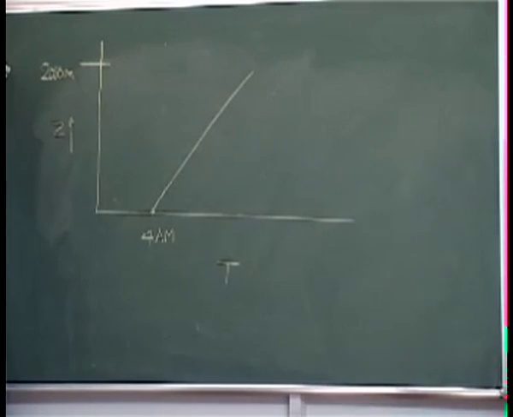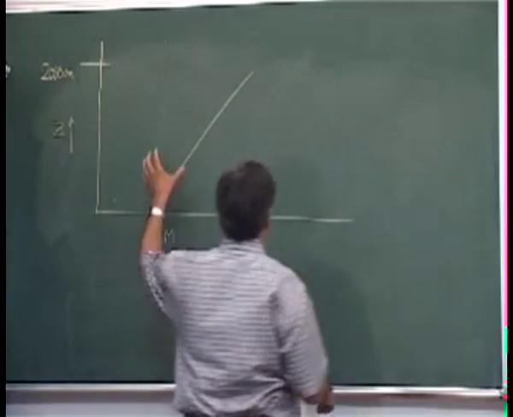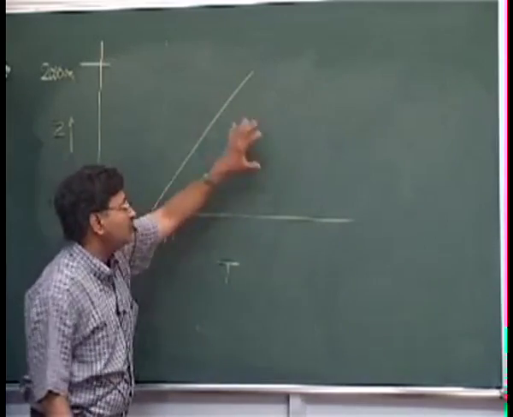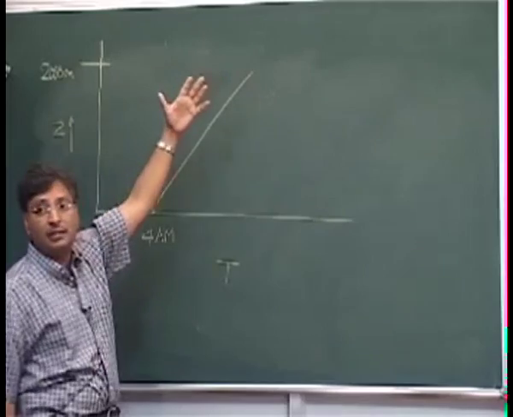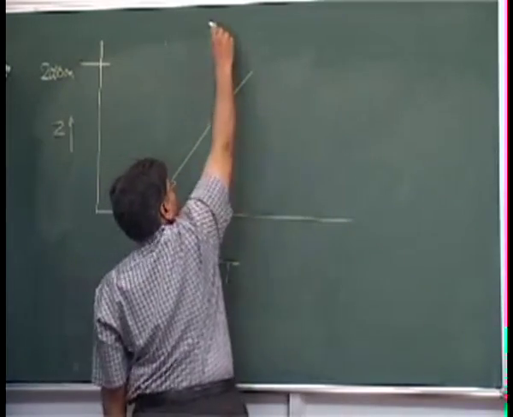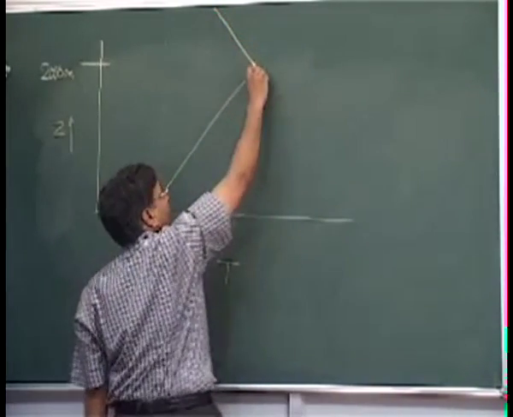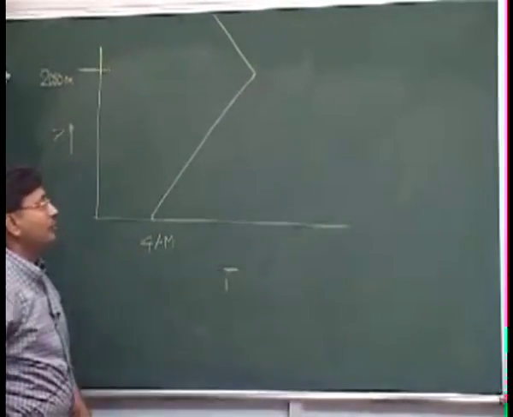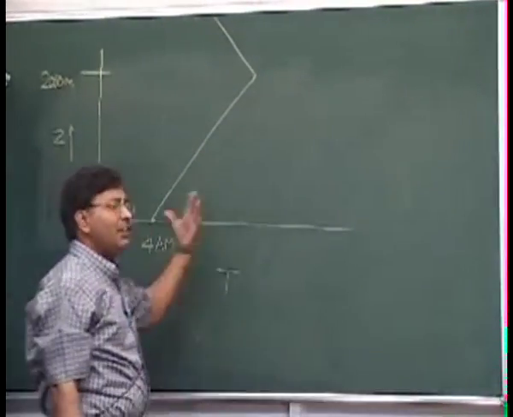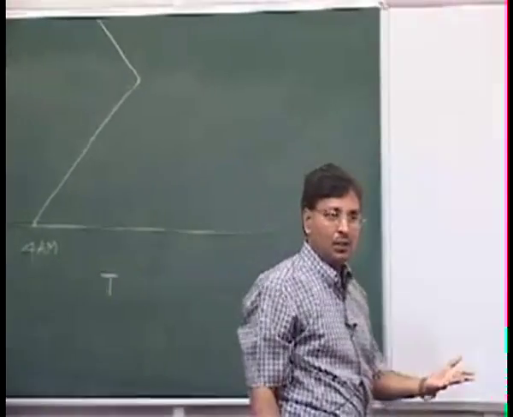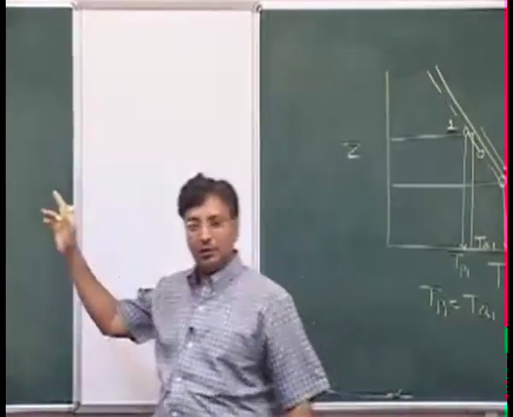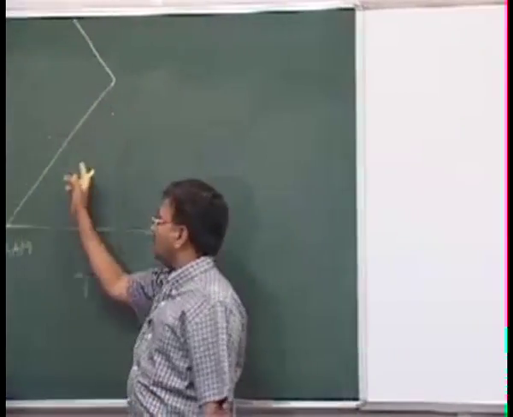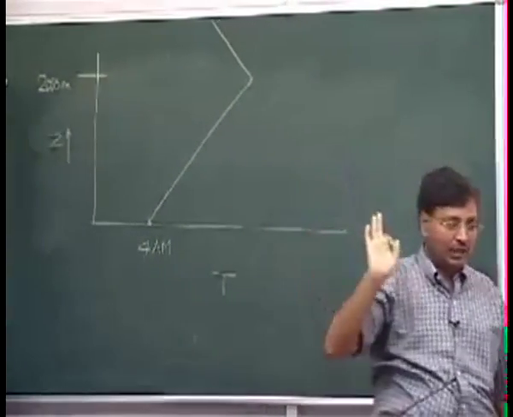So as you go up, the influence of the earth is diminishing, and you might get a situation which is again something like this. Even in the night time, the thing will not be so sharp as I have drawn here, but something like this.